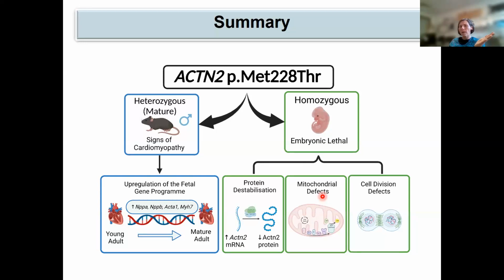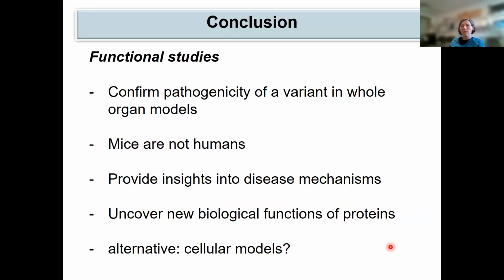There's now the thinking that this might be a direct link between Z-disk proteins and mitochondrial function. It also identified a quite surprising role of alpha-actinin in controlling the cell cycle.